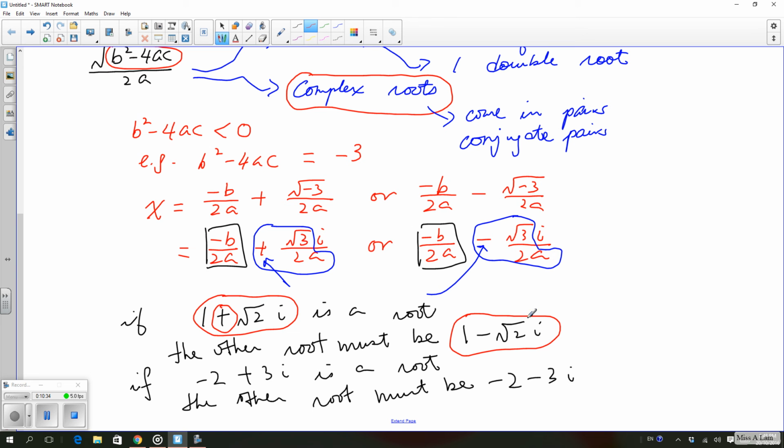The only difference is the imaginary part. One is positive and one is negative. They are conjugate pairs.